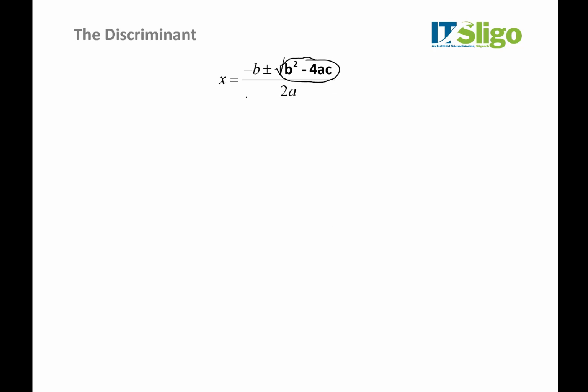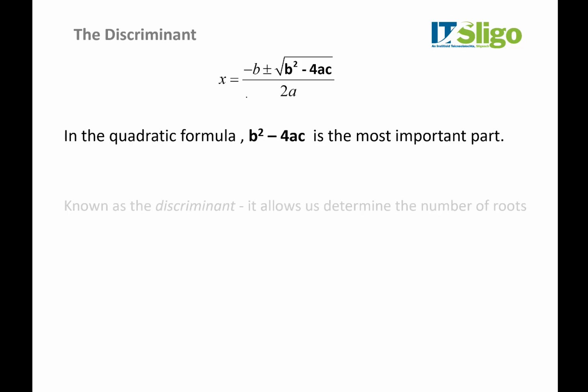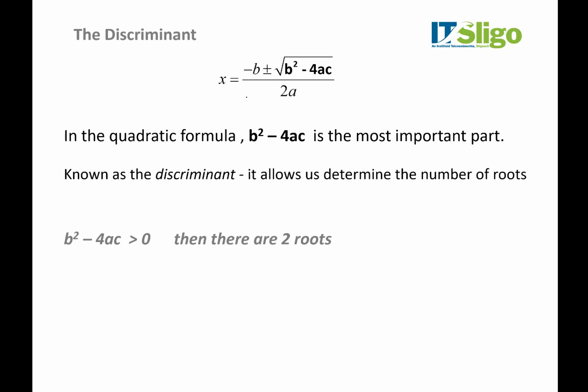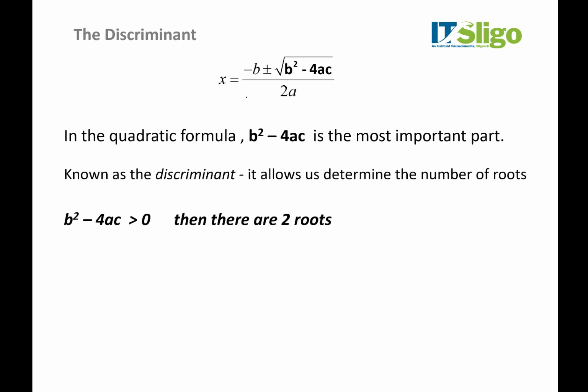The bit under the square root sign determines everything, and often determines whether you can just walk away from the problem and go, no, there's nothing to be seen here, there's no answer to the question. So this bit, guys, is called the discriminant. And it allows us to determine the number of roots.